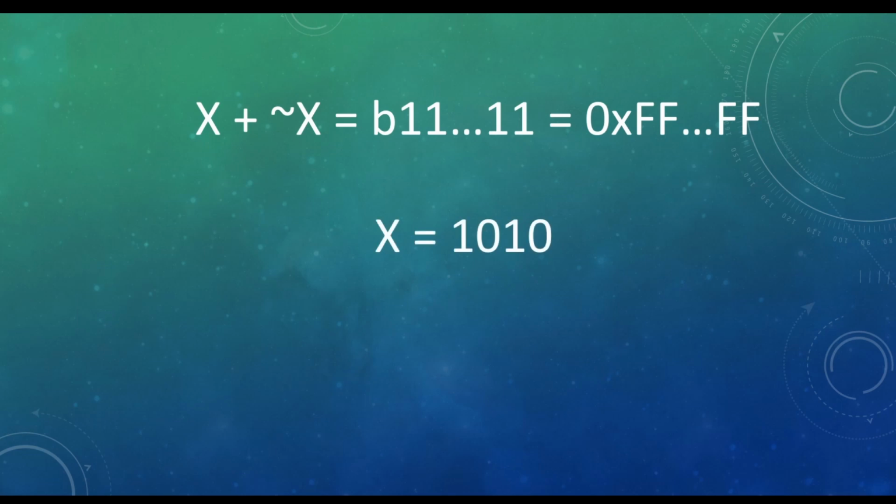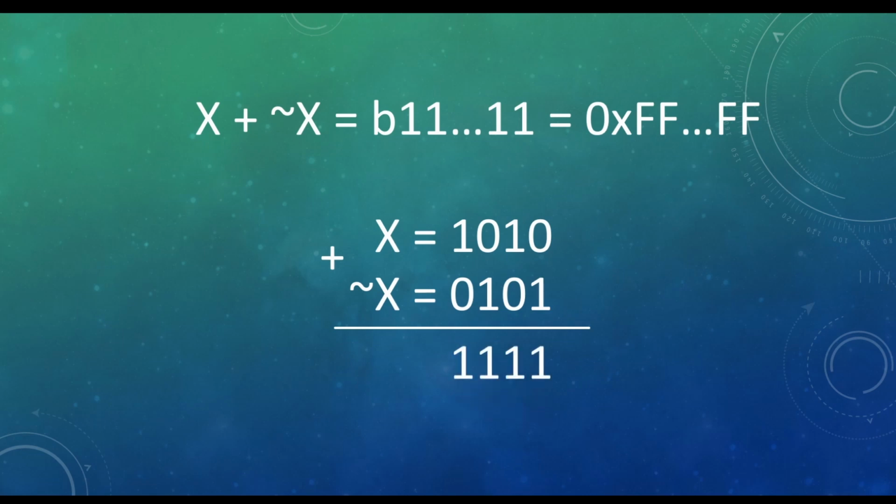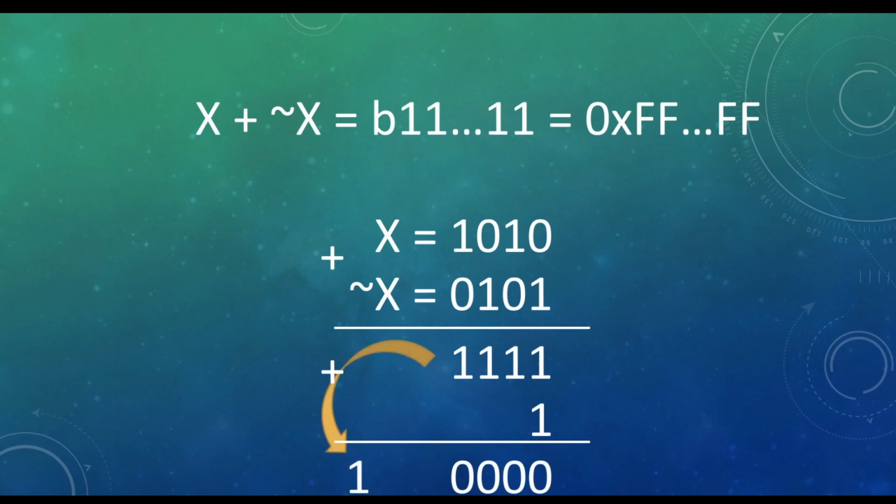If our x is 1010, then the inverse of x, where all the bits are flipped, is 0101. If we add them together, we get all ones. And if we add 1 to this result, we get a 0 with a carry of 1 or an overflow of 1. And it's easy to see that it does not depend on the number of bits that you are using to represent the number.